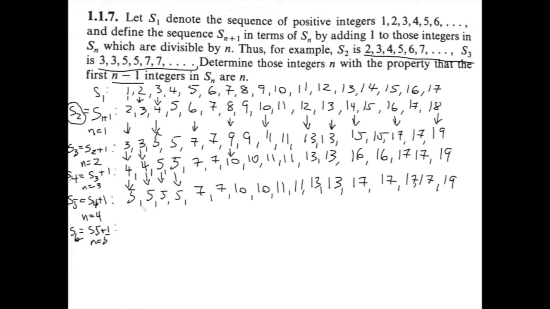So we're going to see that the 5s and the 10s are all going to be incremented by 1. So for S6, we're going to have 6, 6. 7s are not divisible by 5. 10 is, as I mentioned before.